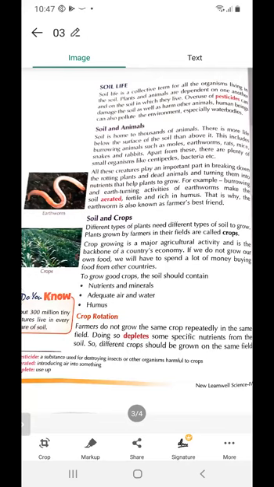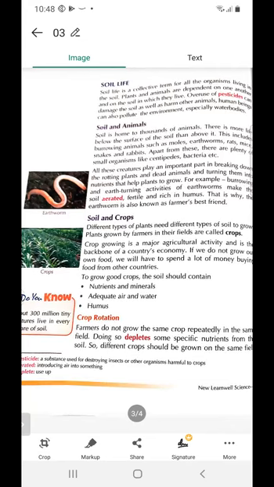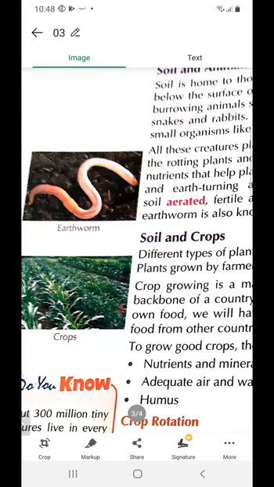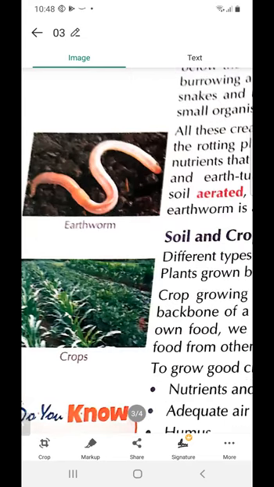So the next topic is soil and animals. There is more life below the surface of the earth than on it. For example, the earthworm lives in the soil. Moles also live in the soil.